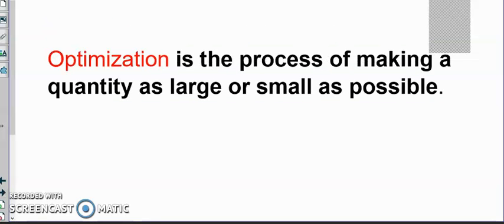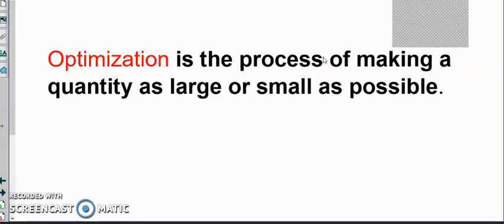Let me pull it down some so you can see it. So optimization again is the process of making a quantity as large or as small as possible. And what I want you to think about is, when we're talking about things as large or as small as possible, think about what we've talked about with our key features. One thing was talking about the highest point or lowest point, our maxes and our mins.